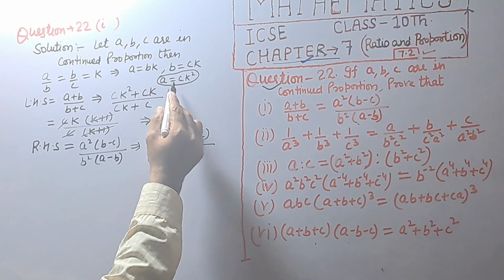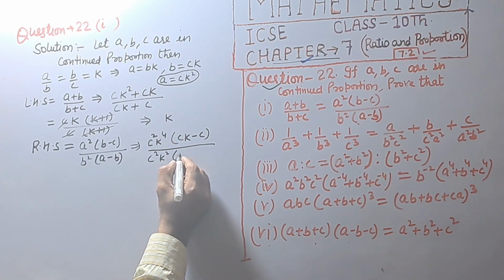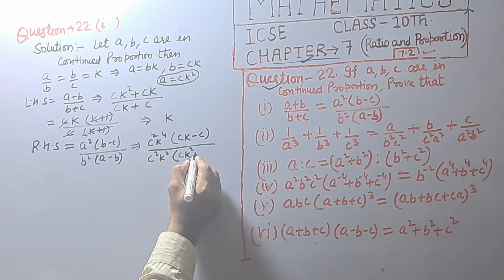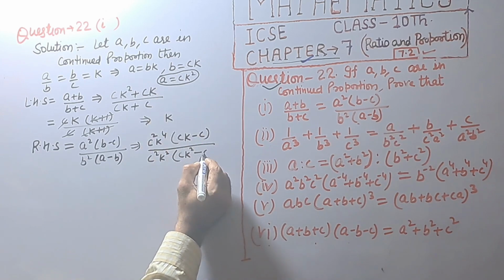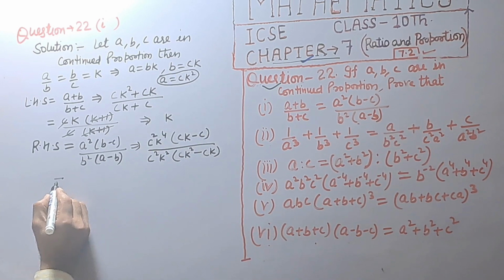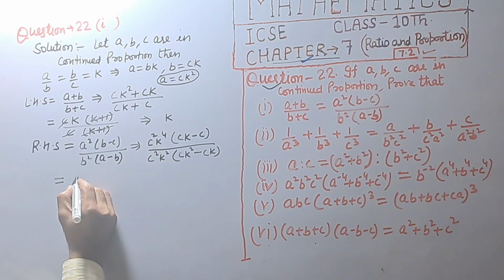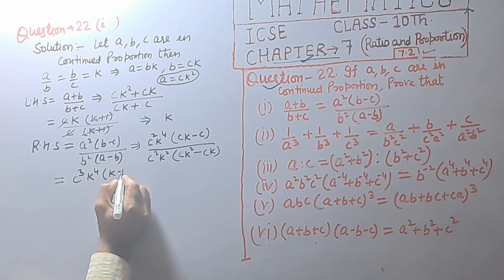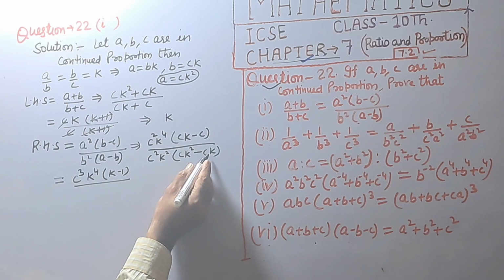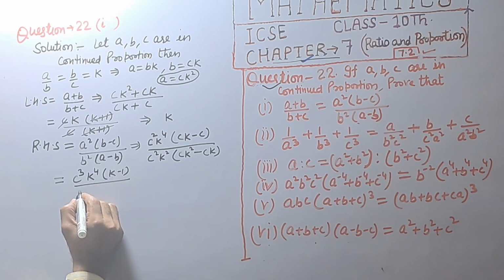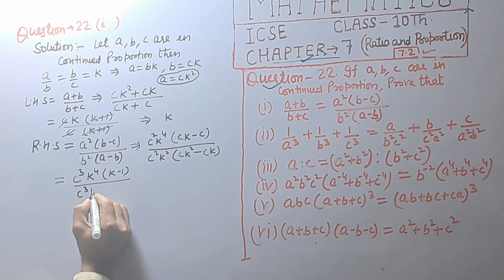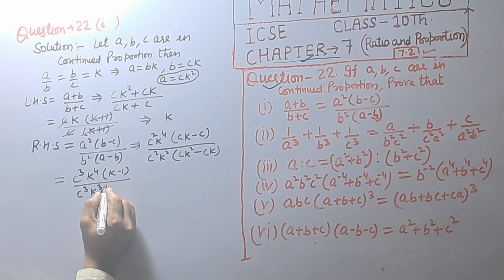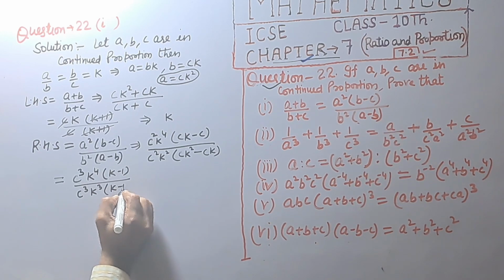And A is equal to CK square minus B is equal to CK, that is equal to, we are taking common C raised to power 3 K raised to power 4 into K minus 1 in bracket, and CK is common, C raised to power 3 and K raised to power 3 in bracket K minus 1.